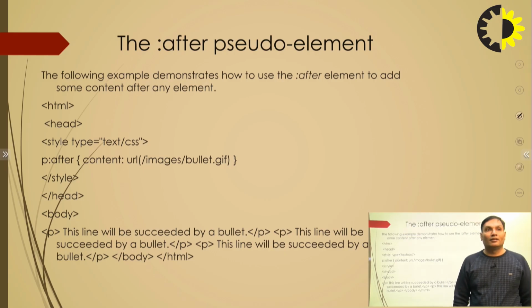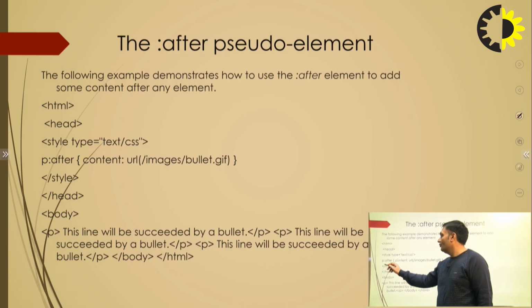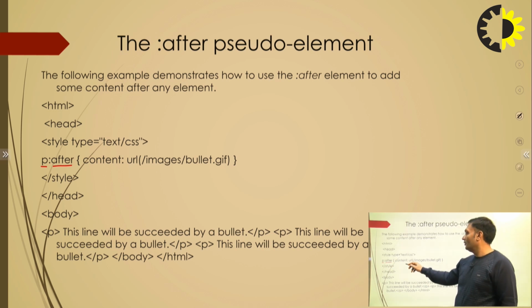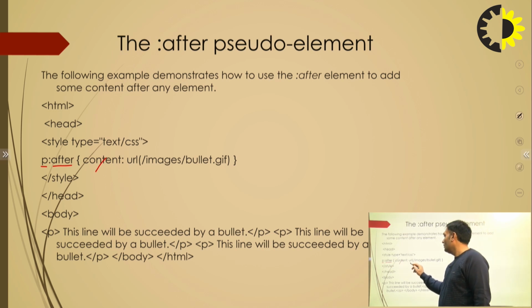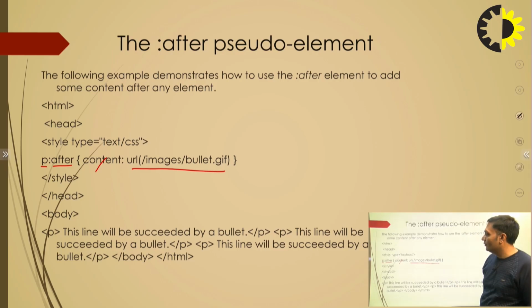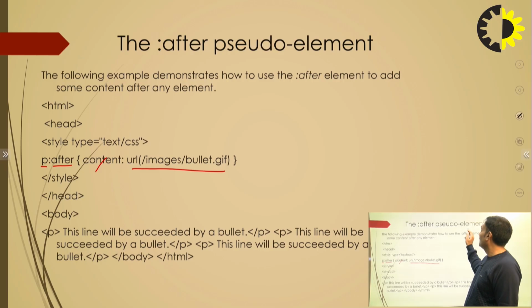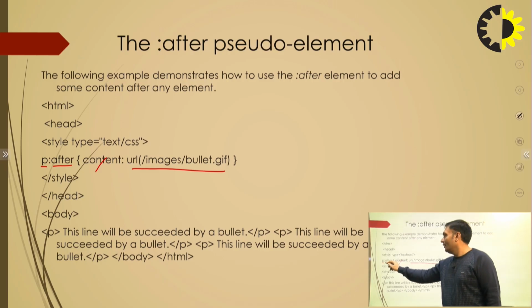Now the next pseudo element is after. The after pseudo element can be used as p colon after, then this is the property colon and this is the possible value. So the after pseudo element can be used like this.